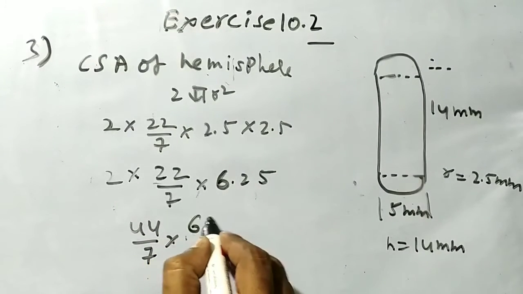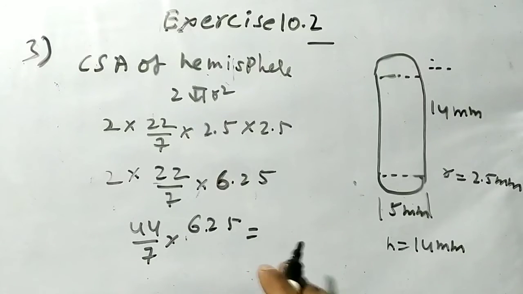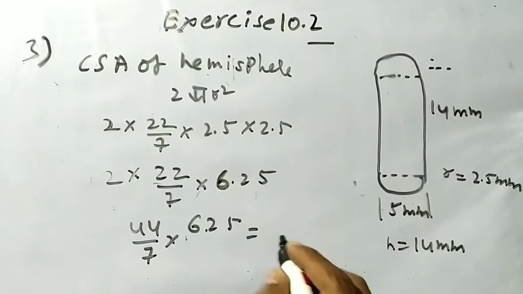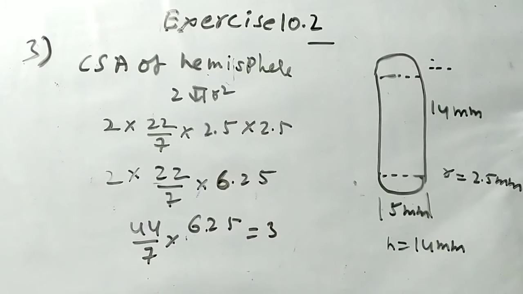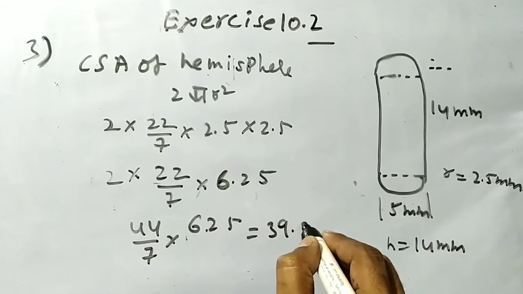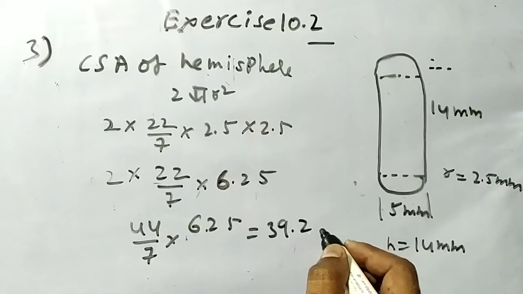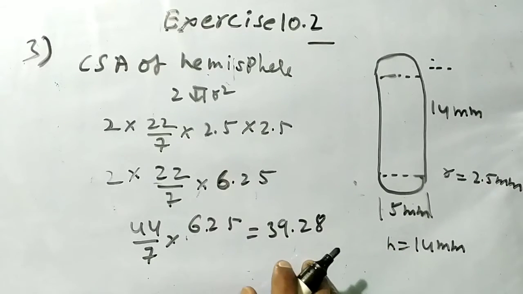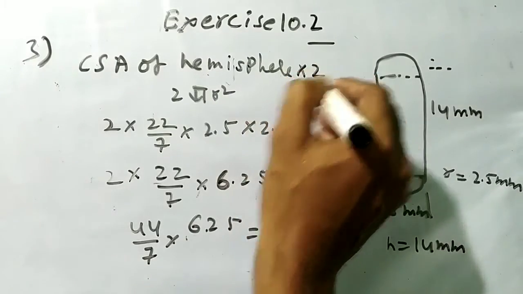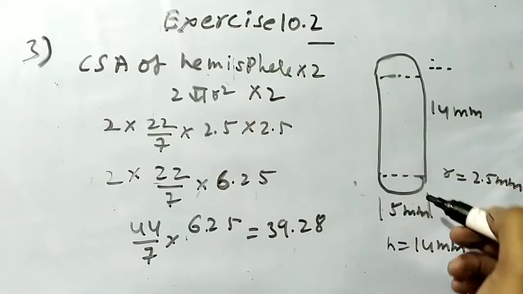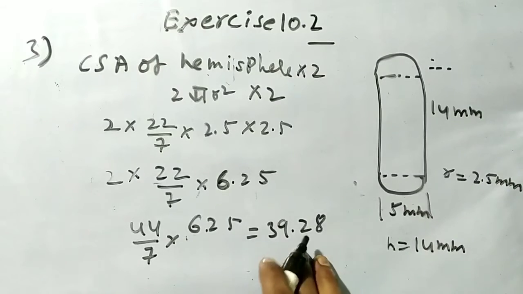If you calculate, you will get the answer, 39.28. So we got only one hemisphere value, but we have to multiply by 2, because in order to find two hemispheres, just multiply the value by 2.